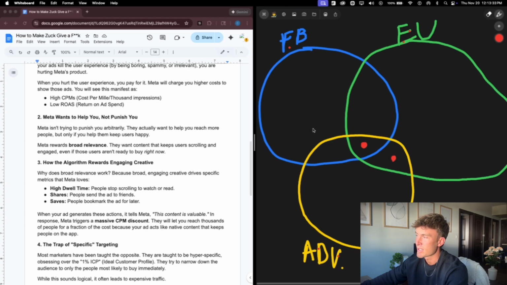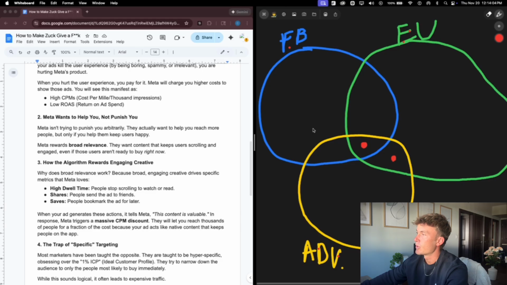But notice how Facebook is not involved in this. And what does it do? It's going to want to punish you with high CPMs, or you're likely running a non-compliant ad that they'll restrict your ad account or your reach for, if you don't give them what they want, which is high comments, high shares, high dwell time, and keeping people on the platform.